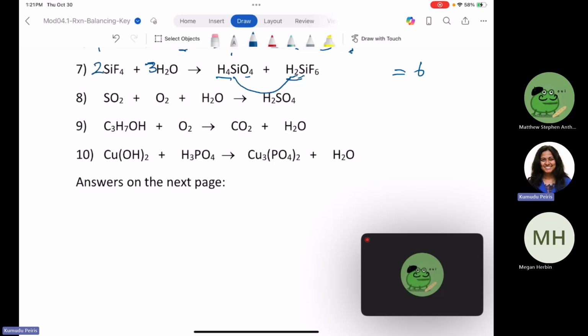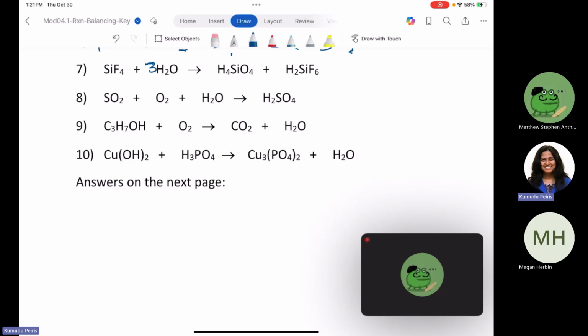Right. So let's count the number of fluorines in the reactant side. It will be 8. And here I'll have only 6 fluorines. So that number doesn't make sense. So I should find a common number for the 6 and 4 again.